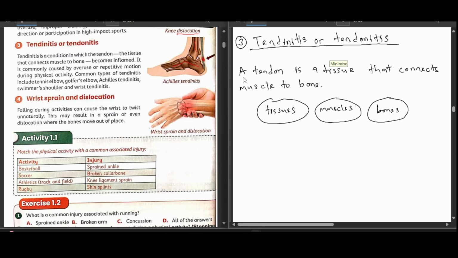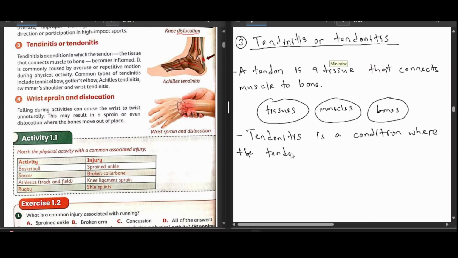Okay. So if this tissue that connects bones and muscles, we are talking about, if it becomes inflamed, we have a condition called tendonitis. So tendonitis is a condition where the tendon, the muscle connecting tissue to bone, is inflamed.